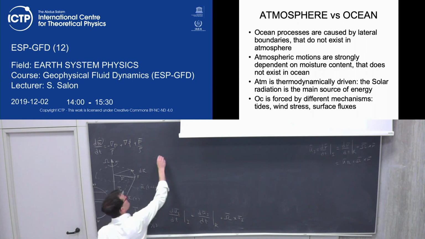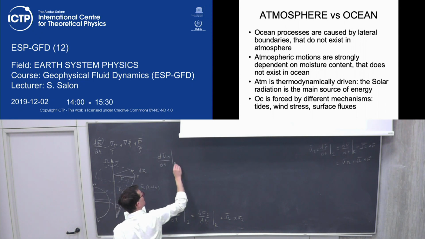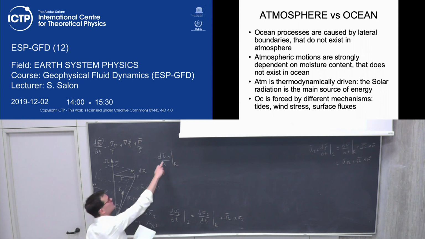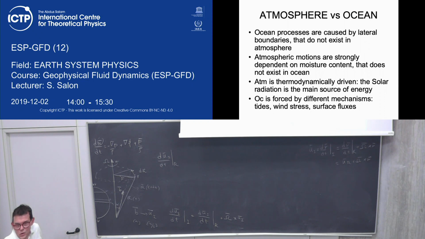Now I want to know how much is the acceleration of the inertial velocity, because this is what I have here, but in the rotating frame of reference. I want to know how to transform my inertial velocity, which is the one written in the Navier-Stokes equation, in my rotating frame of reference.